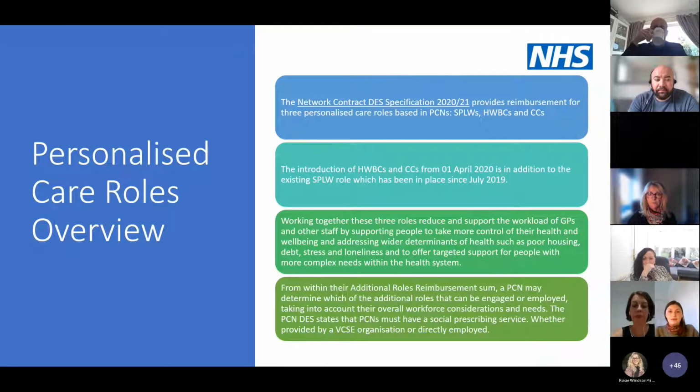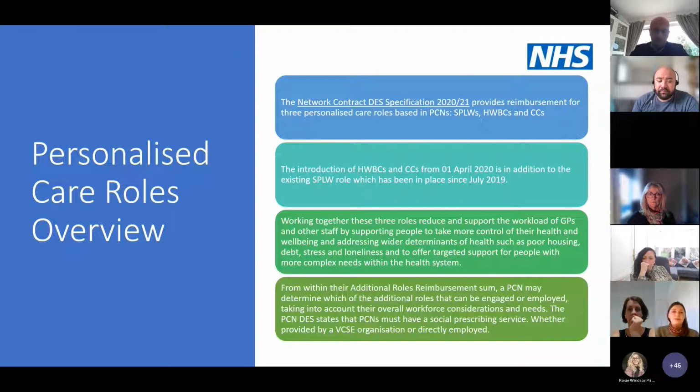So these 3 roles are really critical to supporting people to navigate within the system and also outside of it as well, in that community, the healthcare outside of the care setting, and to really help people to build the resources that they need to be able to self-manage and live a healthy and a fulfilling life.